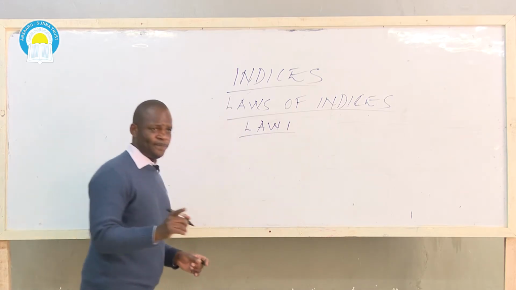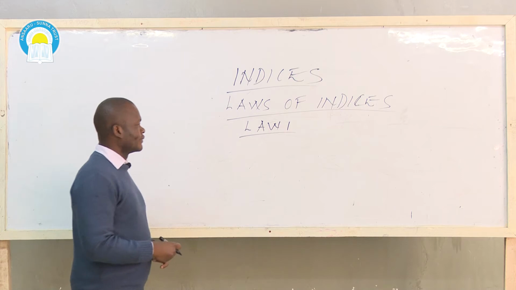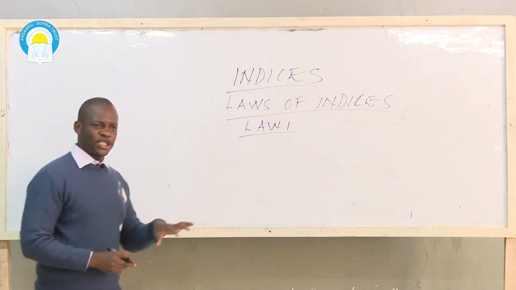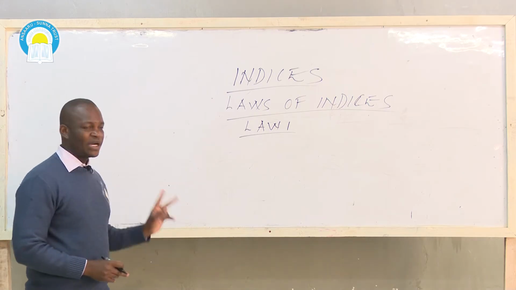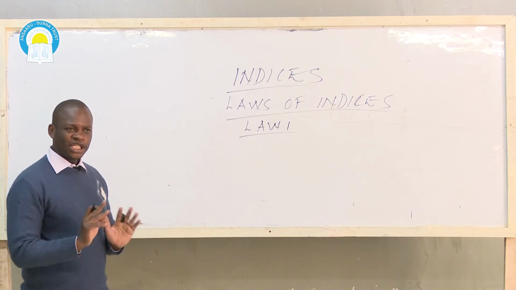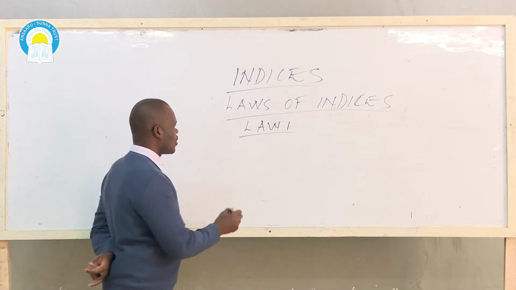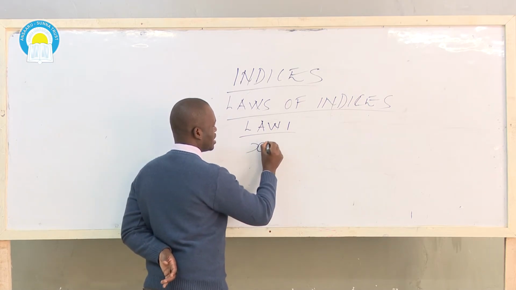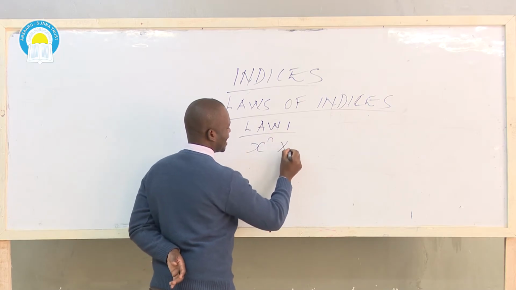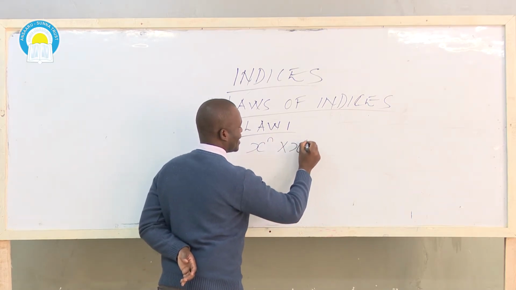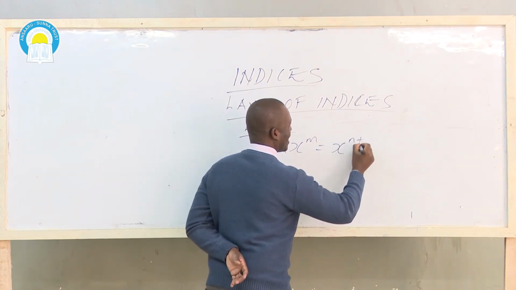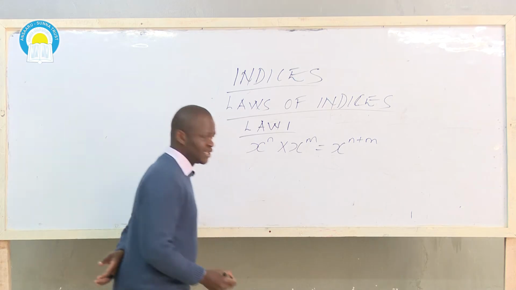This is a law that is concerned with multiplication of numbers to a similar base. And this is how I'm going to state the law. We have x power n times x power m, you get x power n plus m.